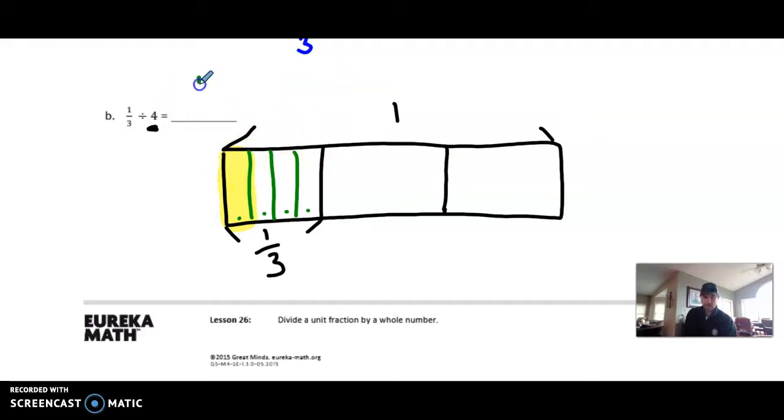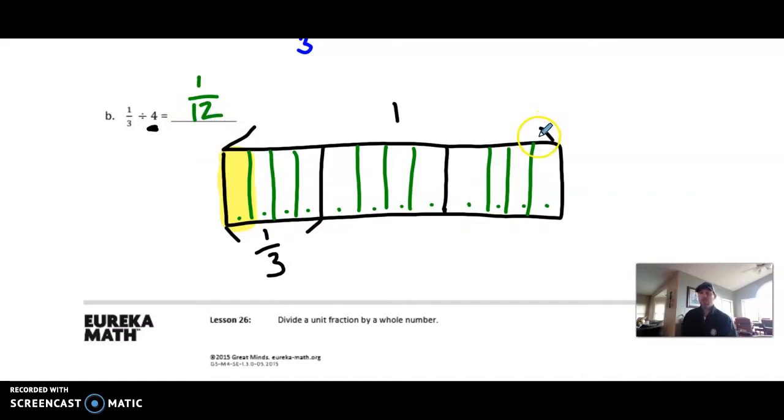I have the one part out of how many. I can't just say 4. Right? I have to have all equal pieces. I'm going to cut this one into fourths, and I'm going to cut this one into fourths. How many do I have altogether? 4, 5, 6, 7, 8, 9, 10, 11, and 12. I have 1/12 of that candy bar or the pan of brownies that I have.